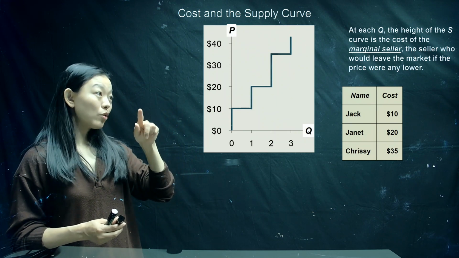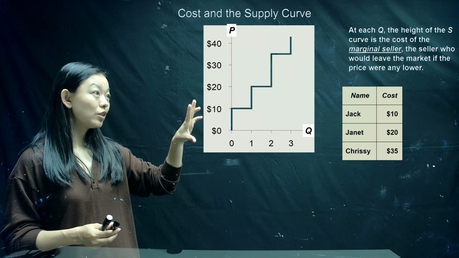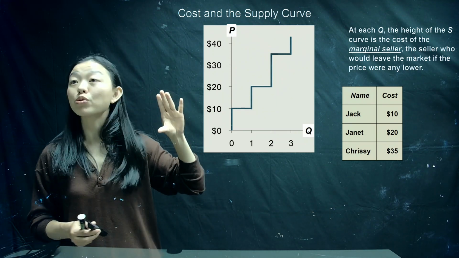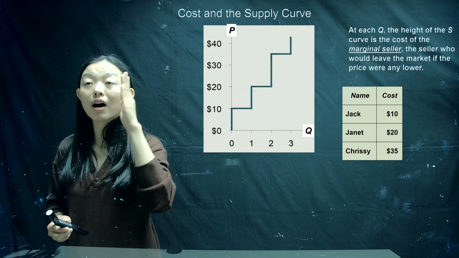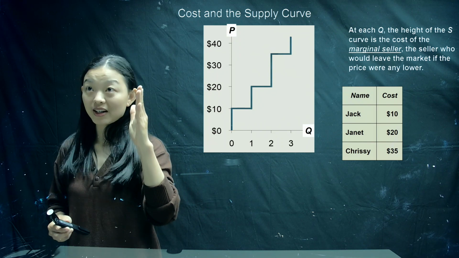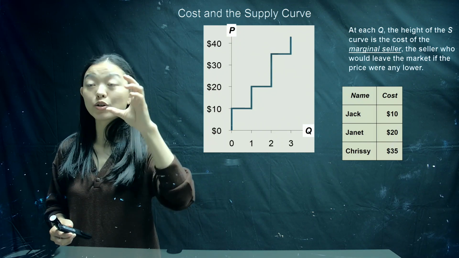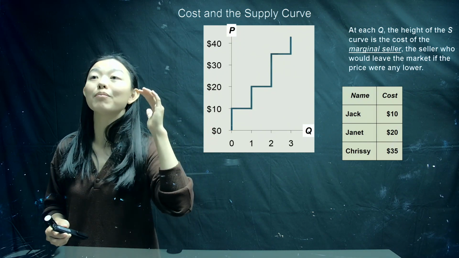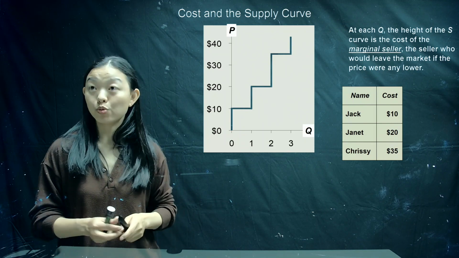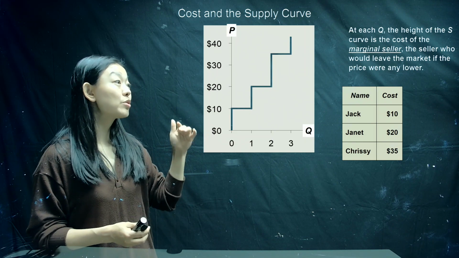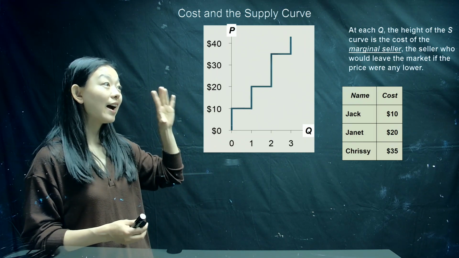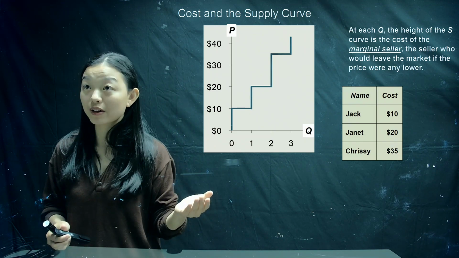So when the quantity increases to 2 units, you can get a height equal to $20, right? So $20 here is also the cost of Jeanette, right? And we can treat Jeanette as the marginal seller when the quantity equals 2. And you can see when the quantity increases to 3, you can also get a height, and the height there will equal $35, right?